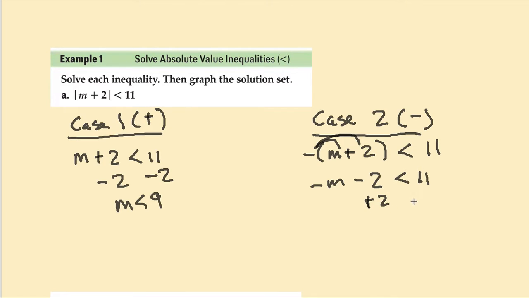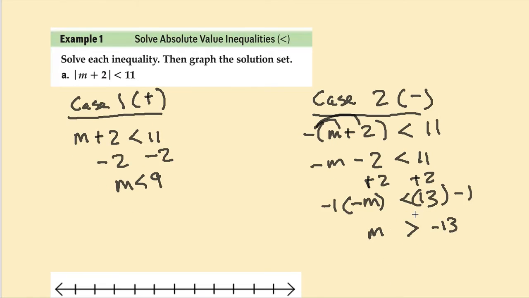We'll add 2, and that gives us negative m is less than 13, and then we're going to multiply this whole thing by negative 1. And when we do that, this is where it's different, the sign changes. So now we are left with m is greater than negative 13.